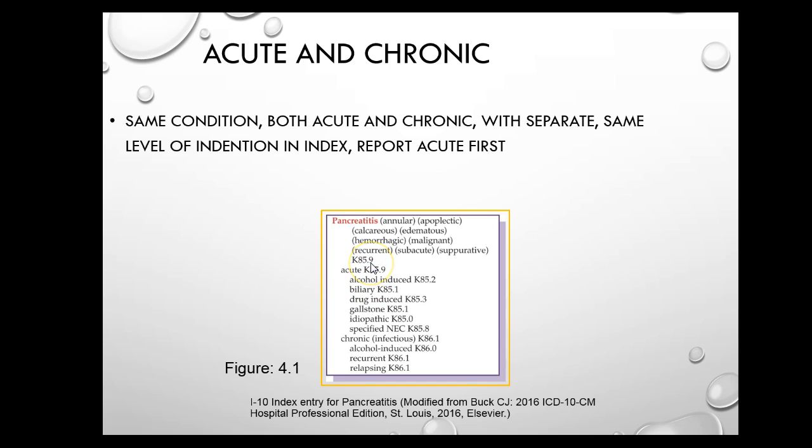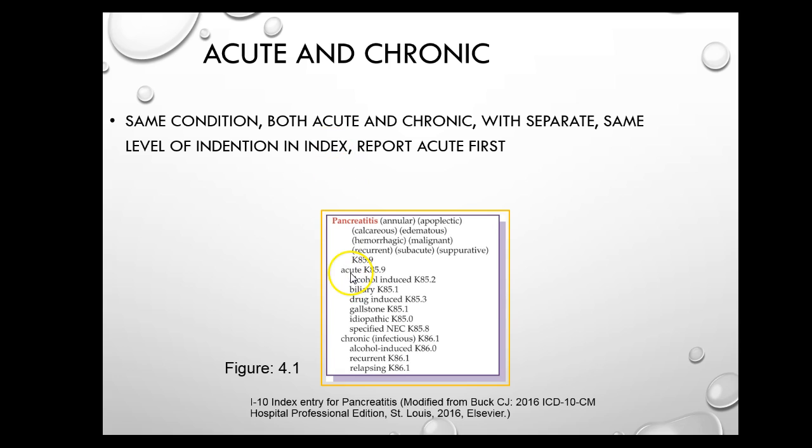So there are times when you have to pay attention to your sequencing when you're dealing with diagnosis coding. Which code or which condition is coded first? Here's an example of when there is a rule for it. You must code the acute first when they are on the same level of indentation.